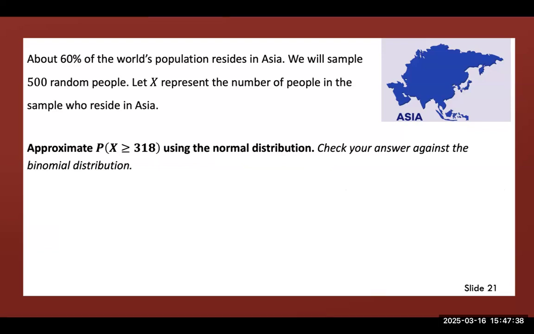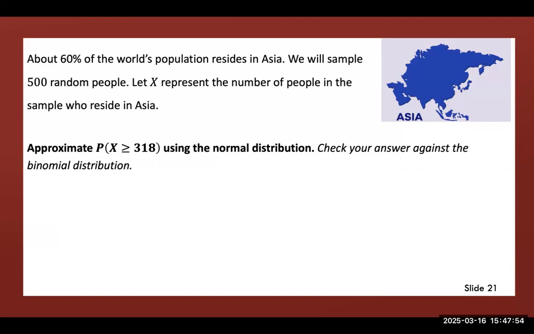Now let's approximate this probability using the normal distribution, and then later check your answer against the binomial distribution. Let's see if we get something close using the normal distribution. What do we need for the normal distribution?